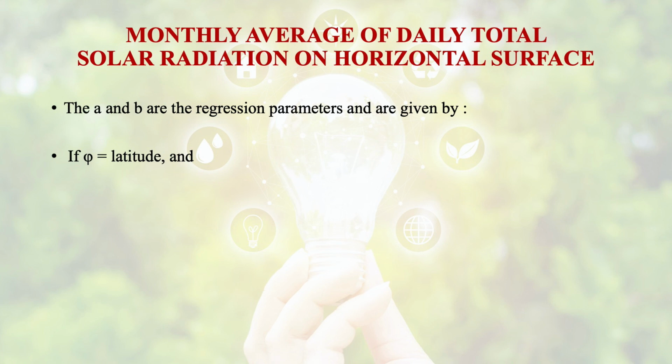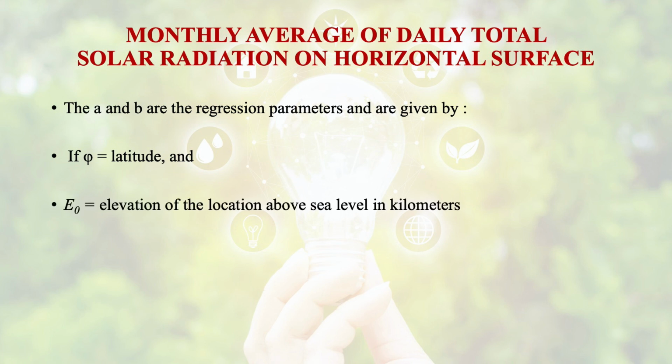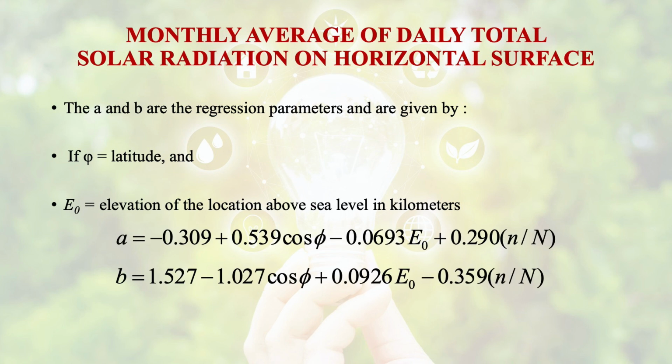In these correlations, phi and E0 are used, where phi is the latitude and E0 is the elevation of the location above sea level in kilometers, and n by N we already know. So these two correlations are used for calculating a and b.